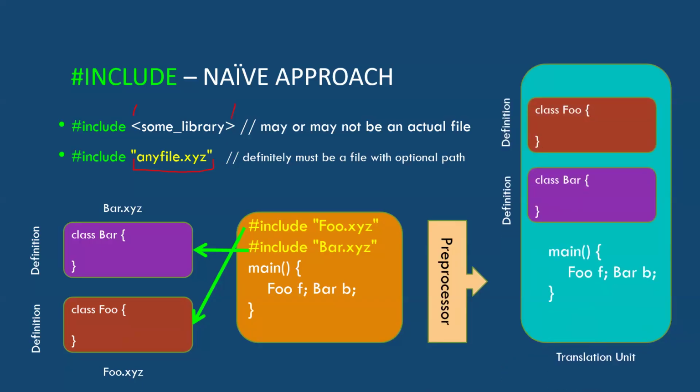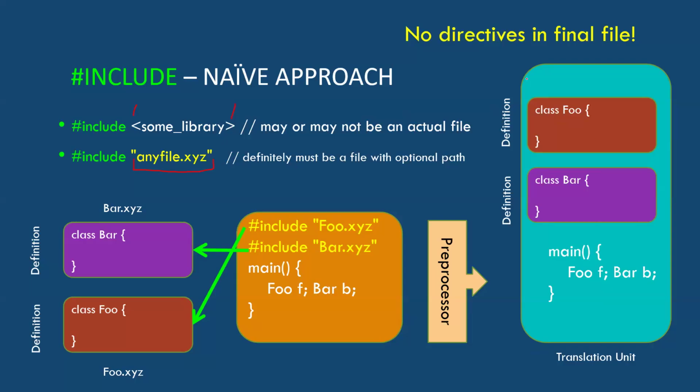And in this case, that's perfectly fine. So we could use the include to pull in actual CPP definitions, but it's not a good idea. We really only want to pull in .h files, and we'll see why that is. But the include is nothing more than a giant copy paste machine, okay?